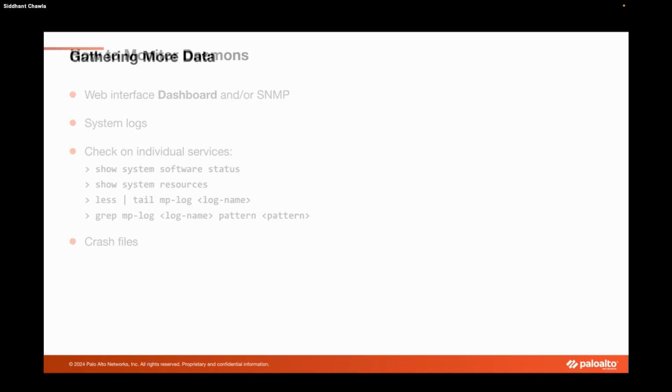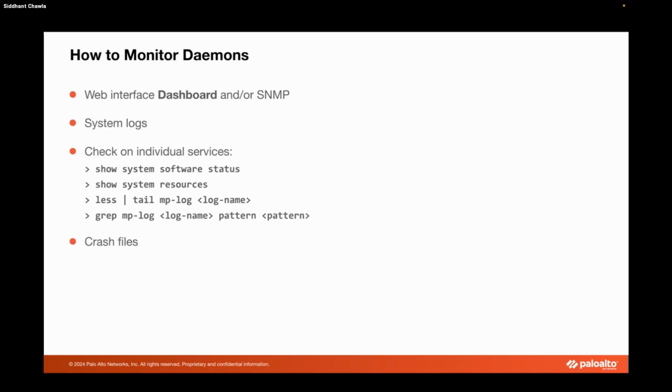So, gathering more data: how to monitor daemons. You can monitor daemons through the web interface dashboard or SNMP, through the GUI of the device. You can also monitor through system logs. If any of the daemons crashes, it is going to generate a system log entry as well. Another way is checking the individual services.